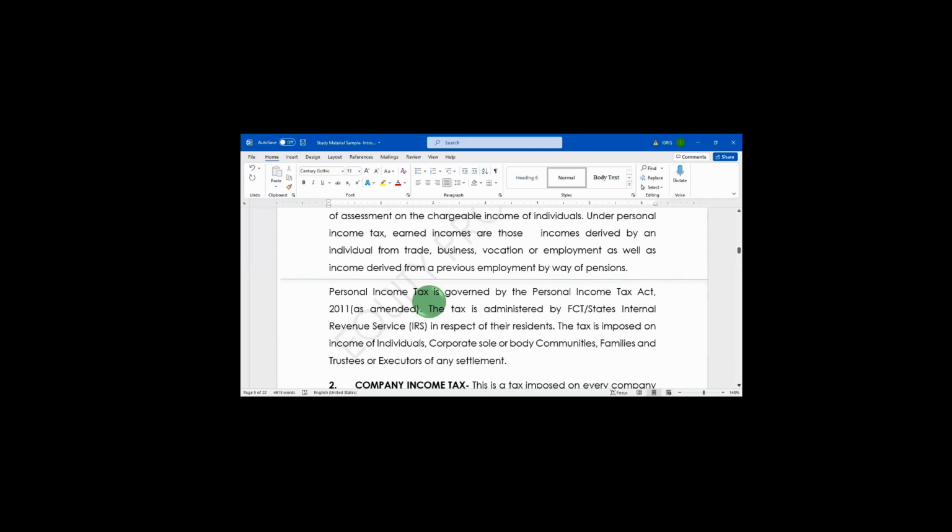For employee, from which income will they pay personal income tax? From their salaries and wages.